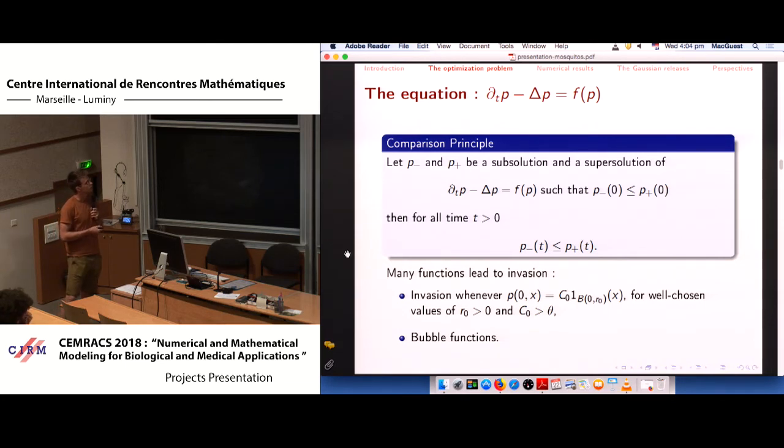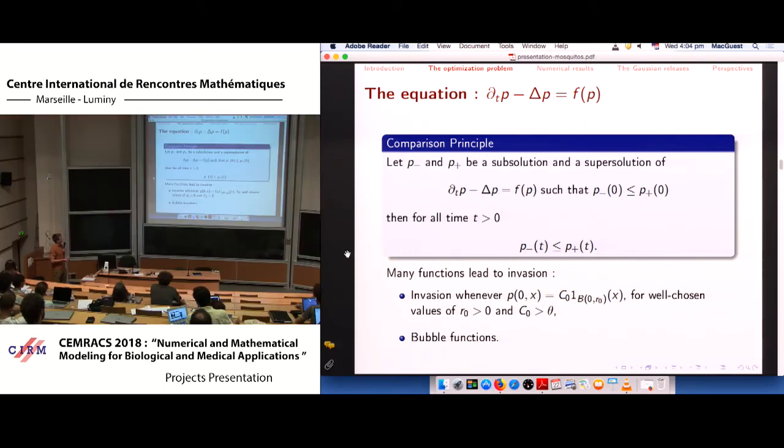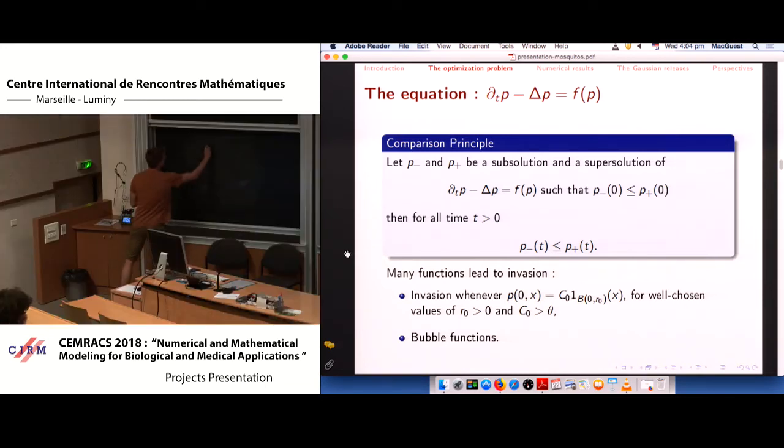And so if the initial data is greater than a well-chosen indicator function, the solution will invade. This is also the case for bubble functions. Bubble functions are functions like that in 1D. This is just the shape.